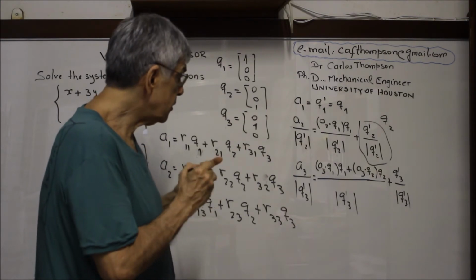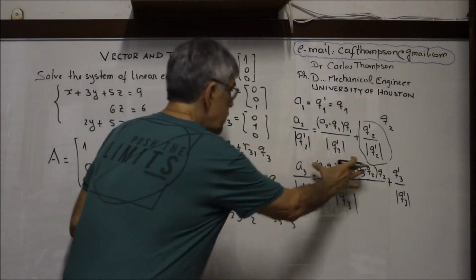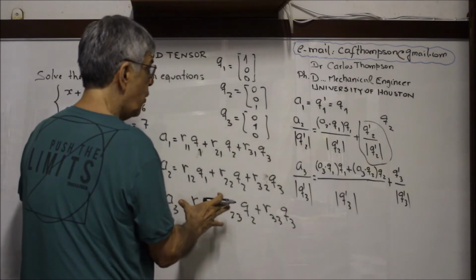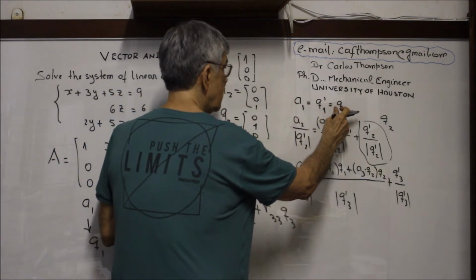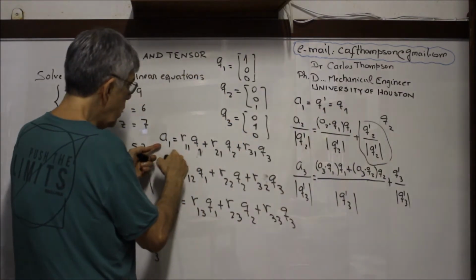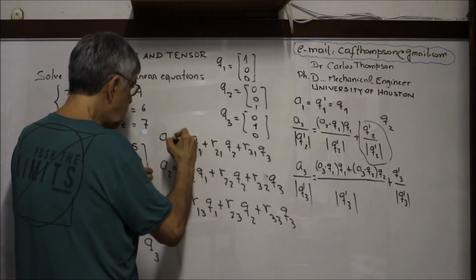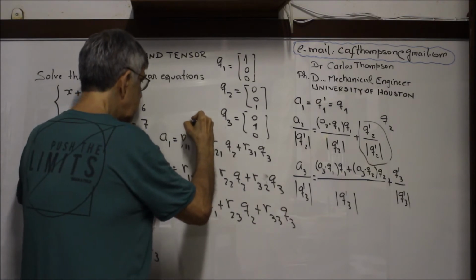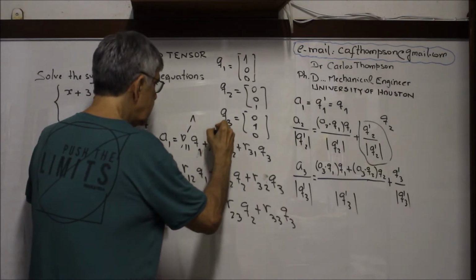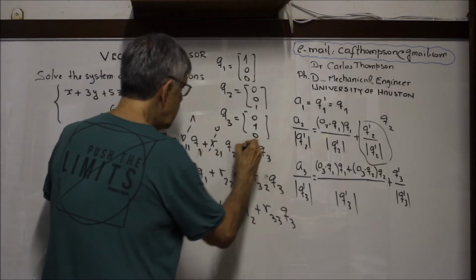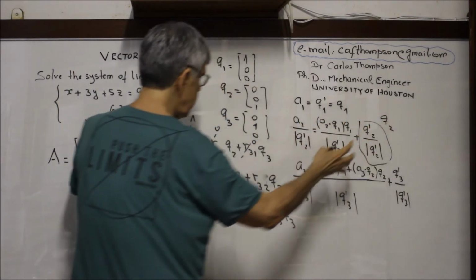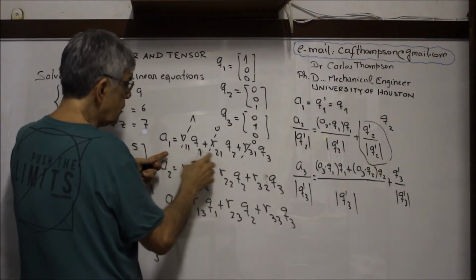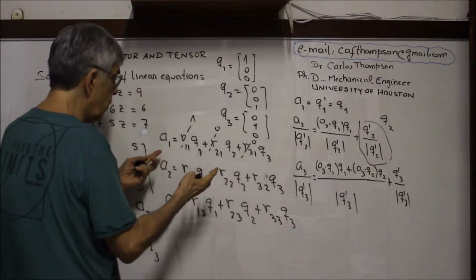Now, pay attention to here and here. Okay, look. A1 is equal to Q1. So, this is 1, this is 0, and this is 0. You see, in A1 there is no Q2 and no Q3, because those coefficients are 0.